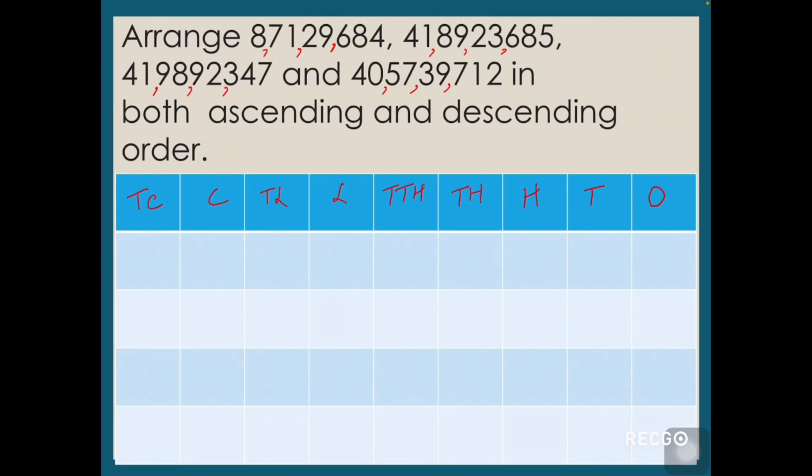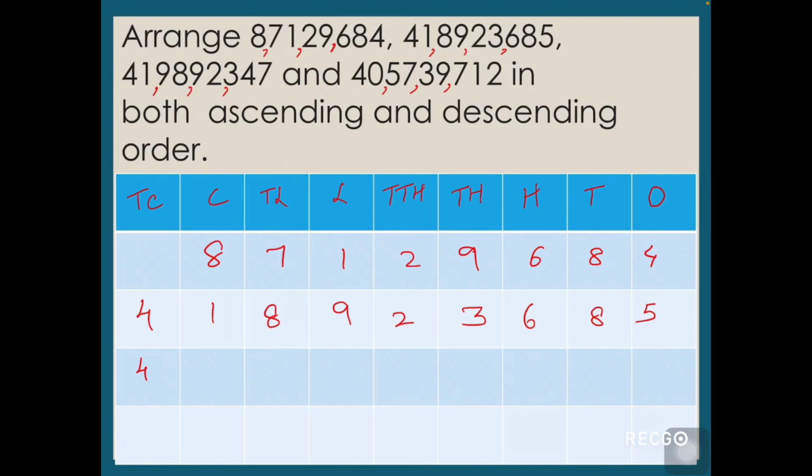So my first number, how many places are there? 5, 6, 7, 8 places. So it will start with the crores place: 8 crore 71 lakh 29,684. The second number is 41 crore 89 lakh 23,000 685.